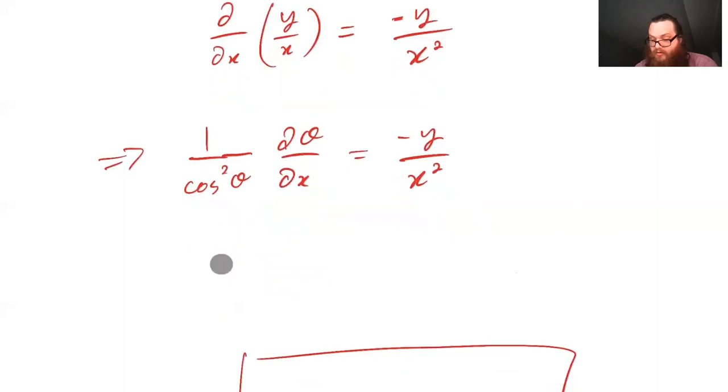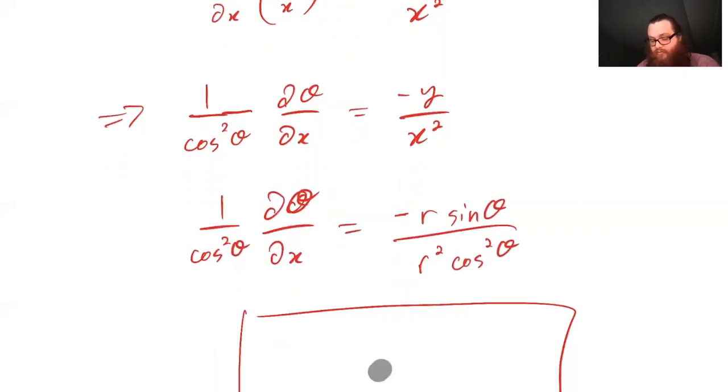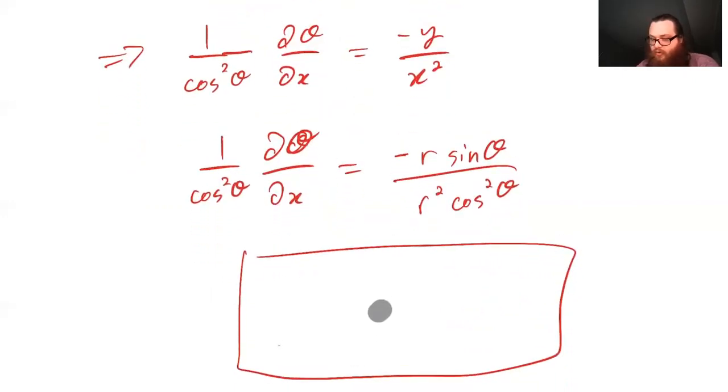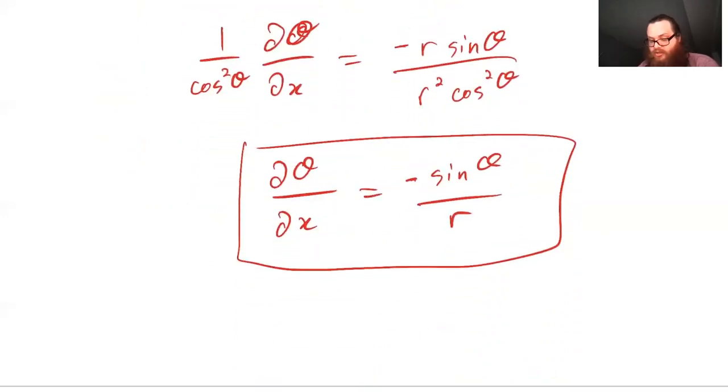We know what y and x are in terms of polar coordinates, right? Y is r sine theta, x is r cosine theta. So plugging those in, we get this expression. Okay, moving this cosine squared up there, canceling, rearranging, we get our final expression.